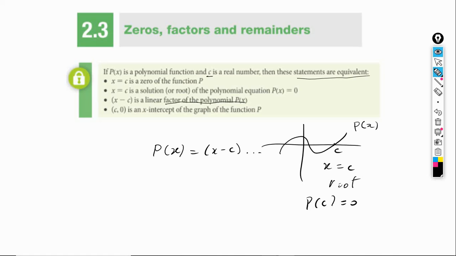And then c comma 0 is an x-intercept of the graph of the function p. We can see that c comma 0 is this coordinate here.